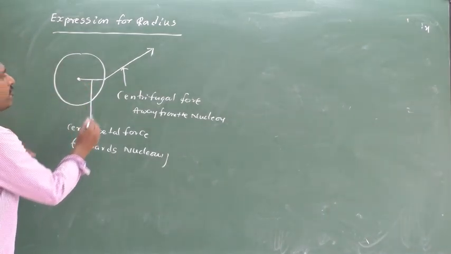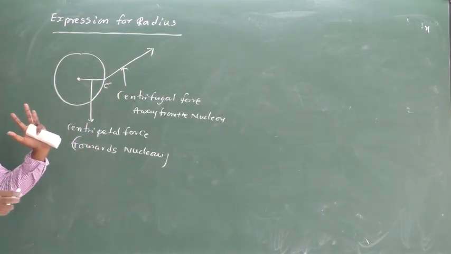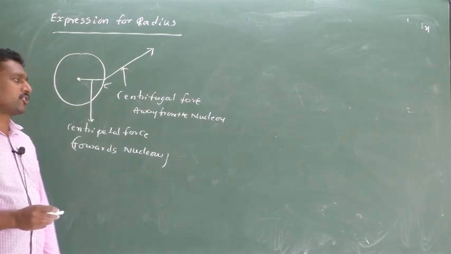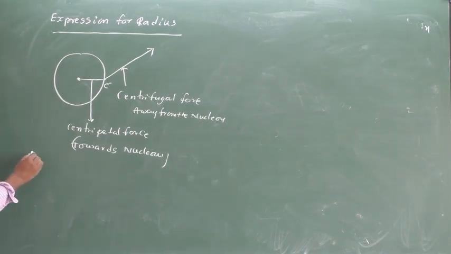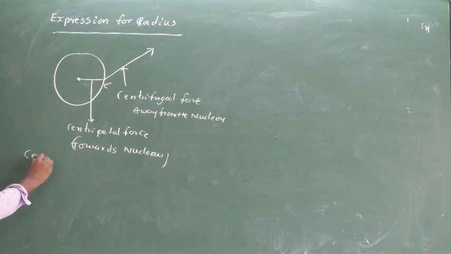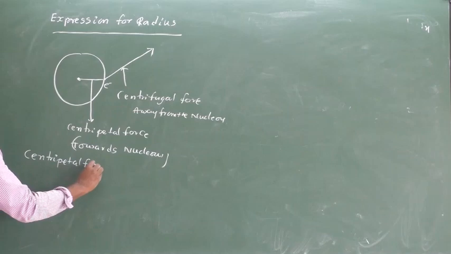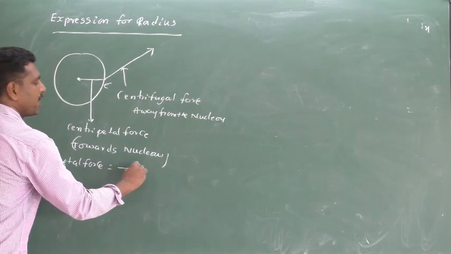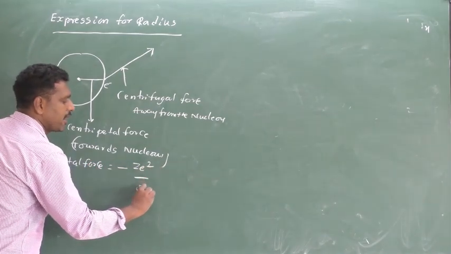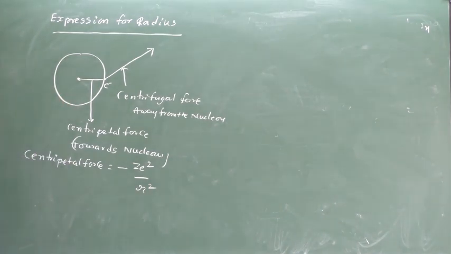Therefore, centrifugal force is balanced by centripetal force of the electron. So what is centripetal force? Centripetal force is equal to minus Ze square by R square.